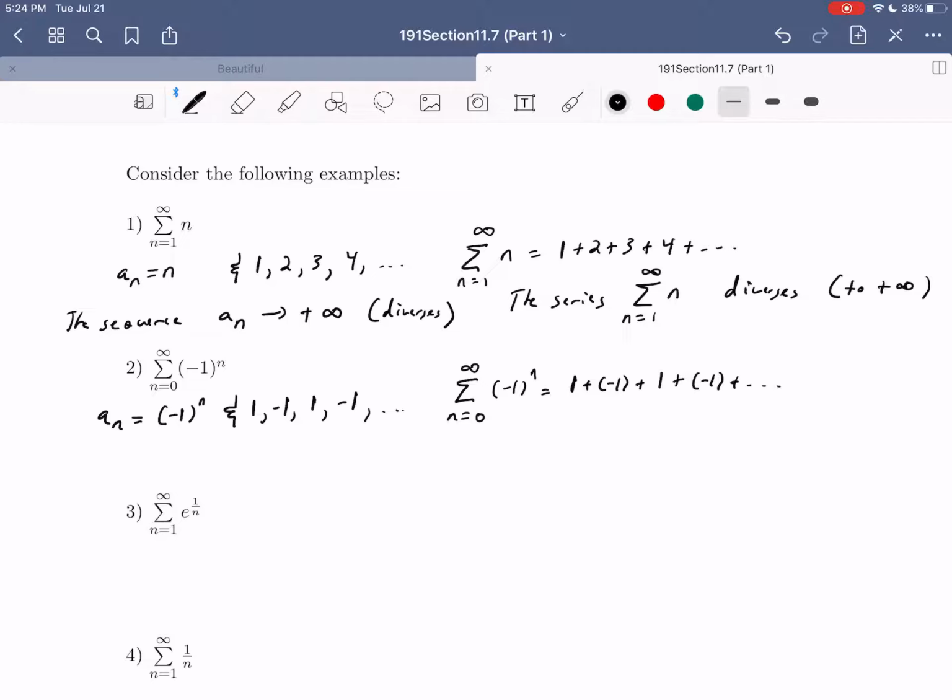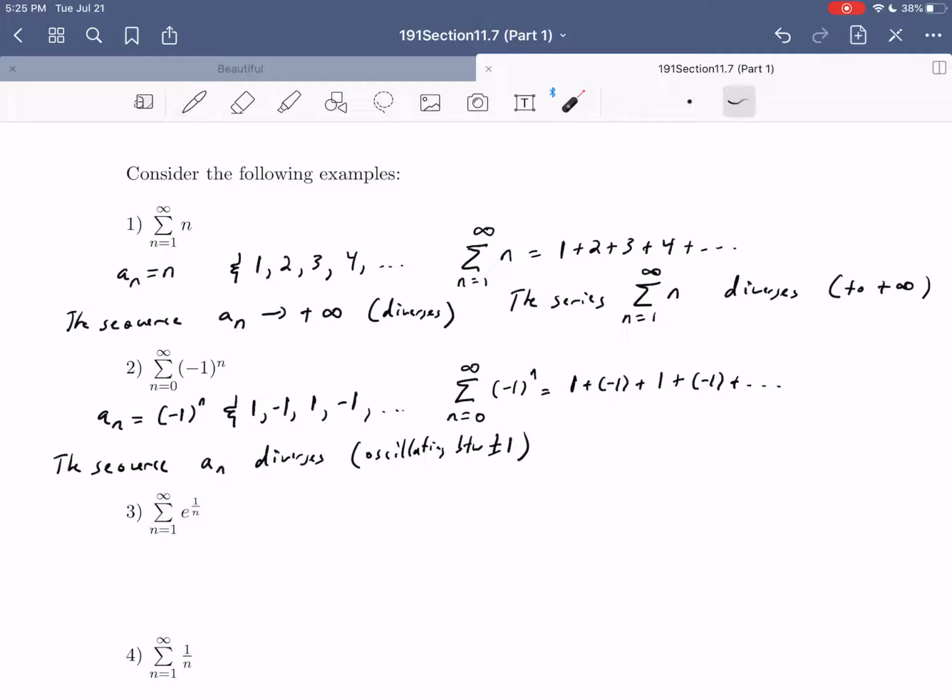So what can we say about the sequence here? Well, the sequence is just oscillating between 1 and minus 1. It's not even tending to minus 1 and 1. It already is just always at 1 or minus 1. So we know that the sequence a sub n diverges. Actually, its limit simply does not exist, because it's oscillating between plus minus 1.